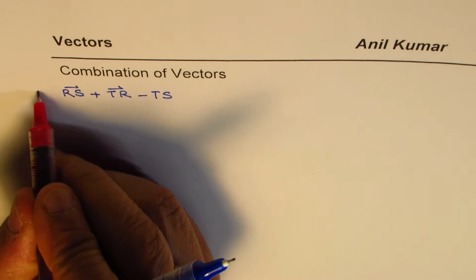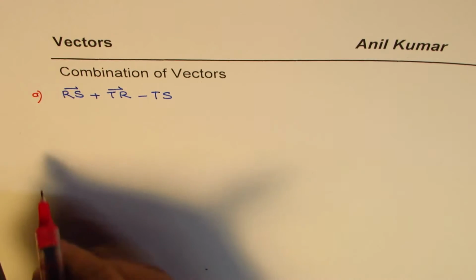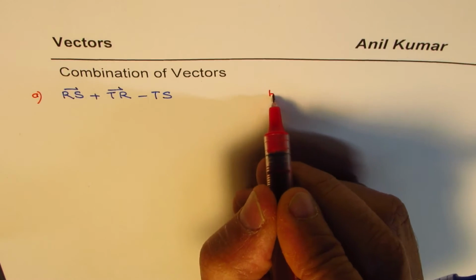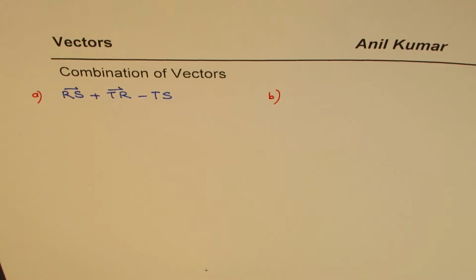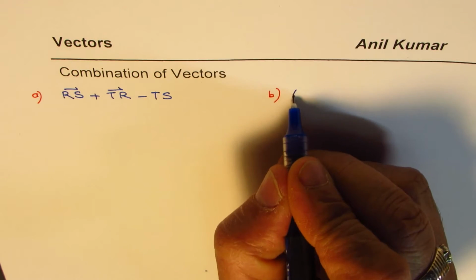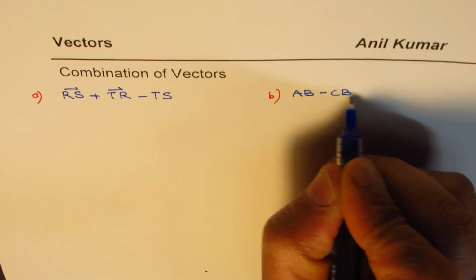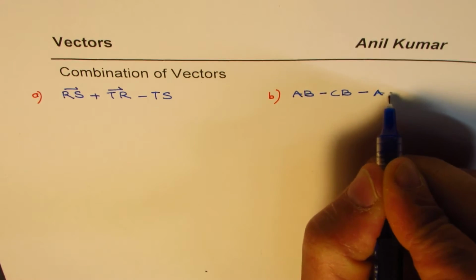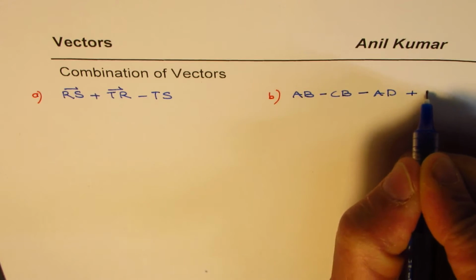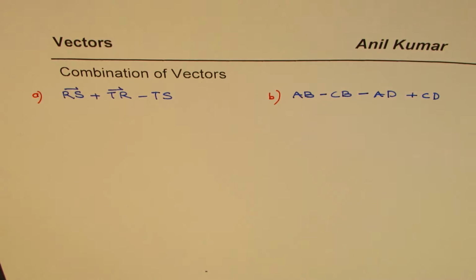So let's say one of them is this, and then we can take b as AB minus CB minus AD plus CD. Basically, we need to write these vectors as a single vector.